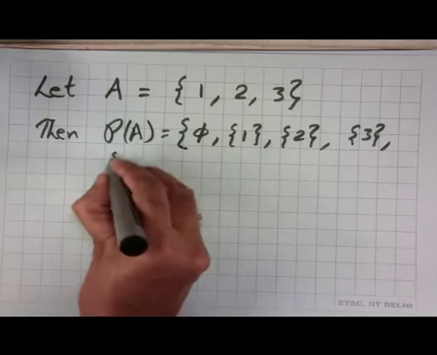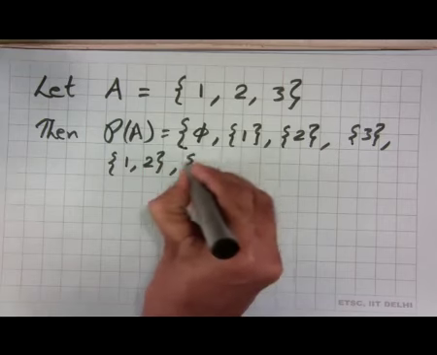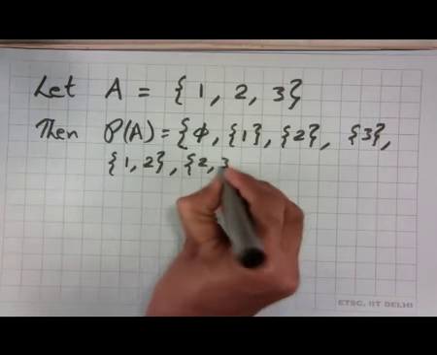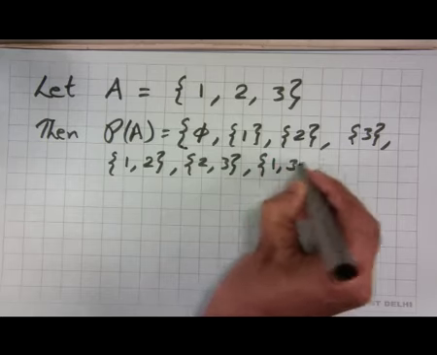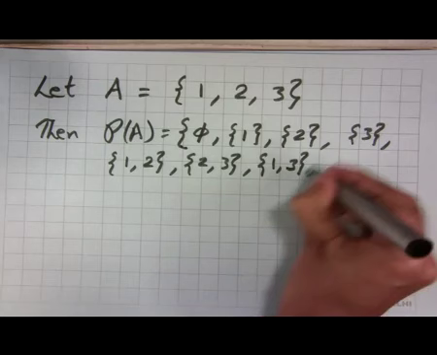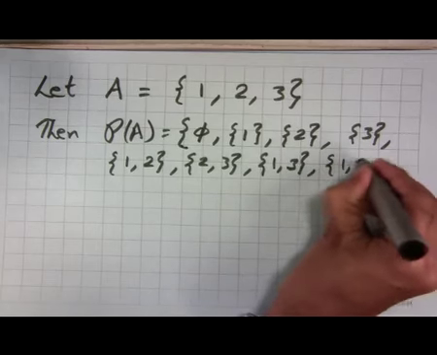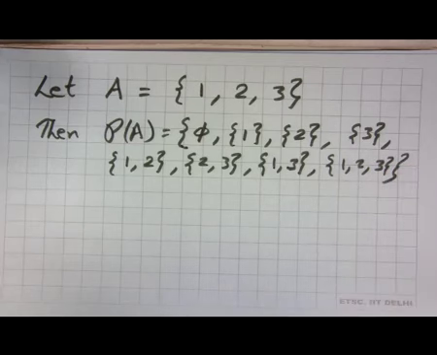So, we have {1, 2}, {2, 3}, {1, 3}, and then all the sets containing 3 elements, we have {1, 2, 3}. Right. So, this gives me all the subsets of this set A.